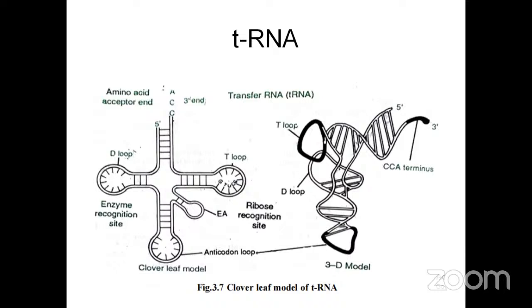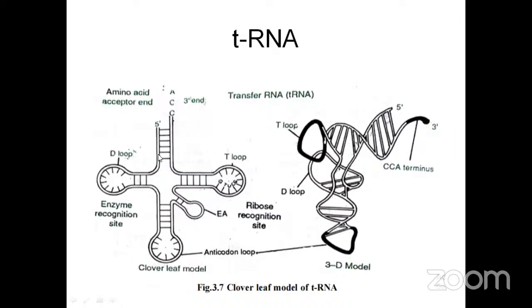The most widely accepted model of tRNA is the clover leaf model. It looks like a clover leaf, and that's why it is called the clover leaf model, proposed by Holley, the scientist. This model shows a single strand. Actually, it appears to look like a double strand, but it is not two strands.